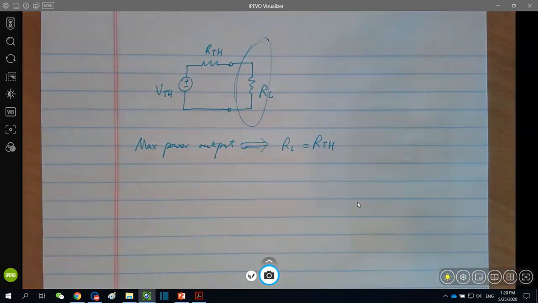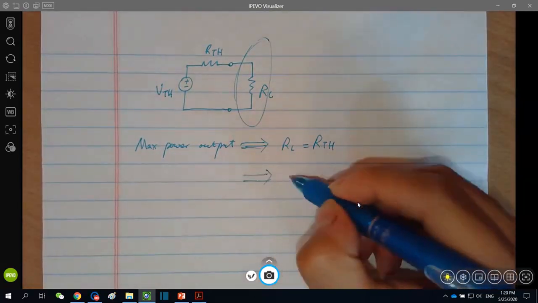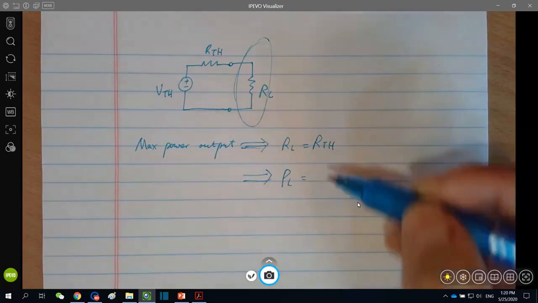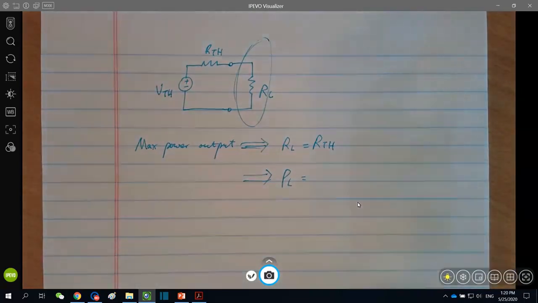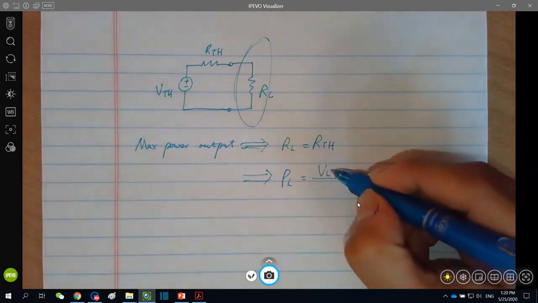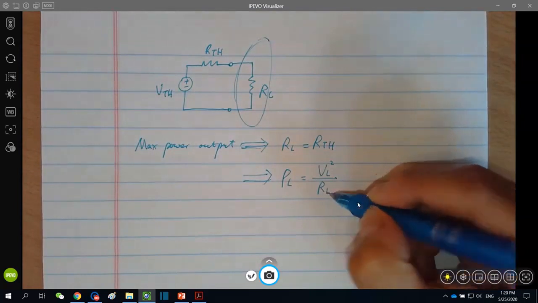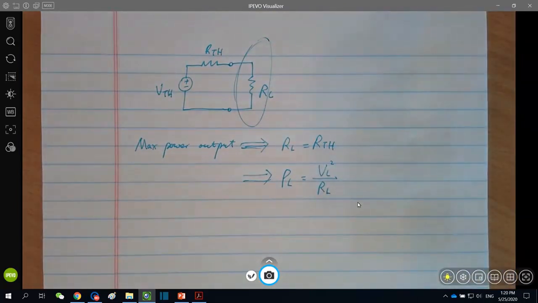Then let's see what the power is. PL equals what? It is equal to VL squared divided by RL, right? This is the power equation.